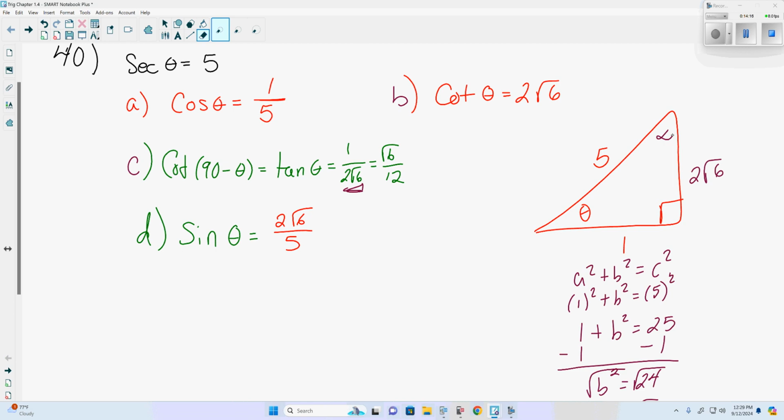Should be the flip of that. So cotangent of 90 minus theta should be square root of 2 squares of 6. And cotangent of theta minus, what is, no, it's not so much the question's hard, it's just, I think I'm reading, huh?